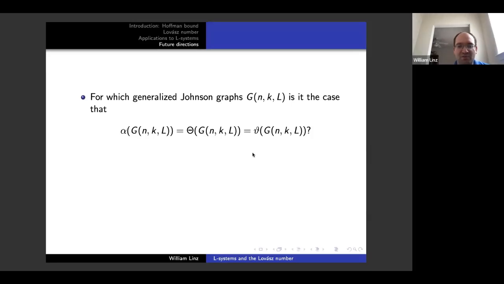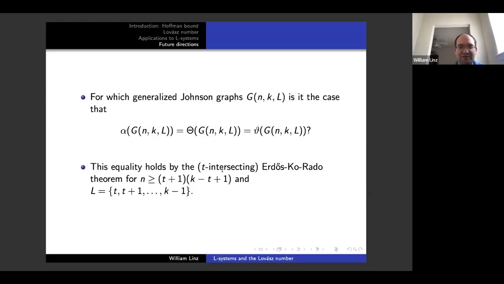Okay, so we could also look at the opposite question. We've talked about large ratios between the independence number and the Lovász number. What about examples where the independence number and the Lovász number are in fact equal, and in particular would also give us a precise value for the Shannon capacity of the associated generalized Johnson graph? Well, the Erdős-Ko-Rado theorem, for both its regular form and for the t-intersecting form, implies it's true for L being t plus 1 up to k minus 1, and for a sufficient bound on n. So are there other examples of graphs?